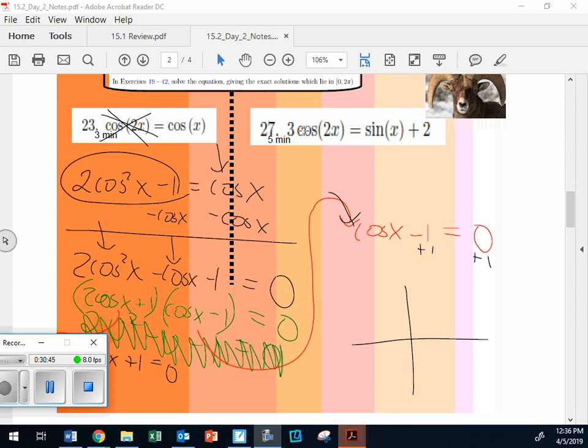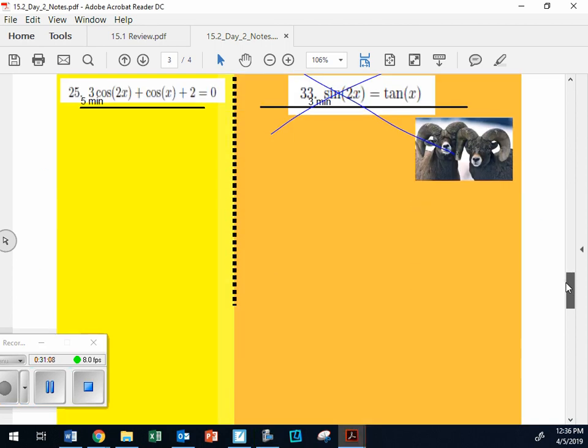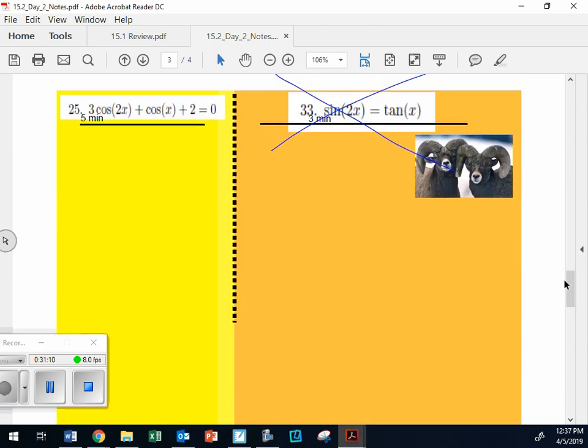All right, on number 27, which is the second problem I'm having you do, replace this with something off the sheet that matches. What's the rest of the problem got? Sines. So maybe you should use the one that has sine in it. There's 3 choices on the sheet. Okay. And then last but not least, we're going to go to this page where cross off 33 and just do 25. I think if you did those 3 problems, you would be well prepared.